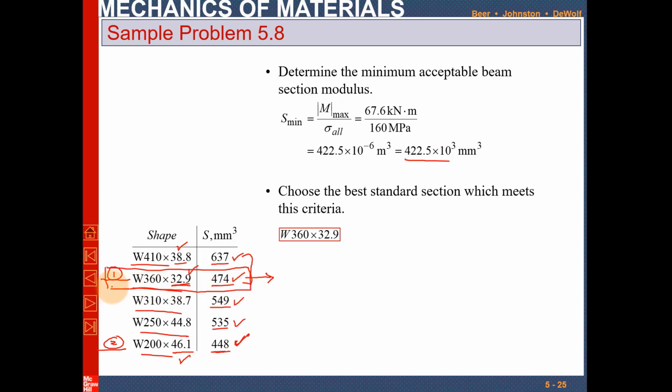At the end we will select this W360 by 32.9, which is the best standard beam, and it meets your design criteria, i.e. the minimum section modulus is greater than this, which is 474 times 10 to the power 3 cubic millimeter.